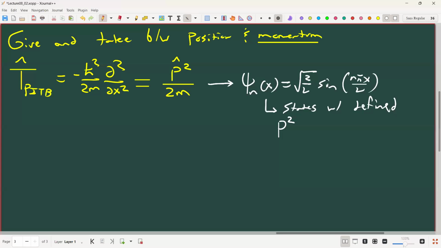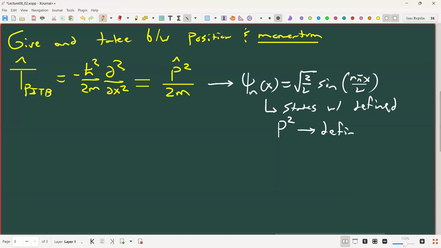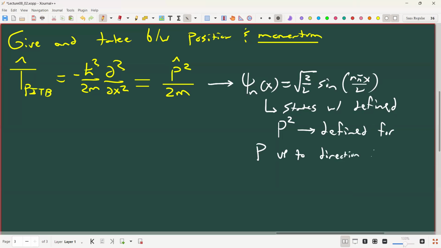So there's one value of the square of the momentum, which means that they're defined with momentum up to direction, because we don't really know which direction it's going, and complex phase. Remember, it's a complex value.